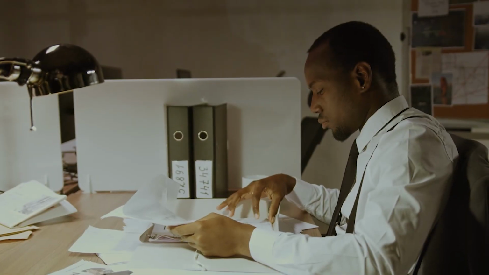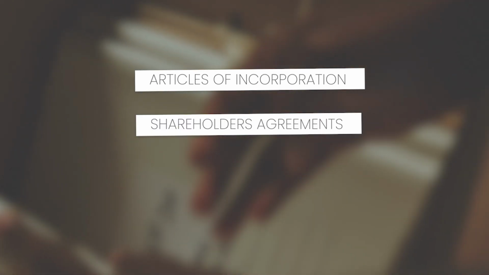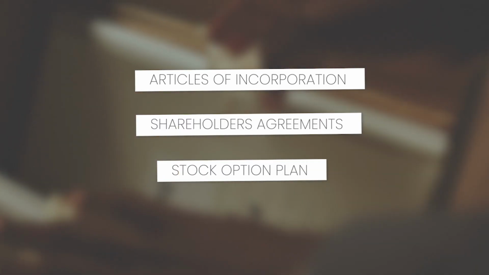We can provide you with guidance tailored to your specific circumstances and ensure that you're fully compliant with all applicable regulations. Additionally, our firm can assist you in drafting the necessary legal documents, such as your articles of incorporation, shareholders' agreements, and stock option plans. When establishing your share structure, it's essential that you comply with the legal and regulatory requirements, such as the British Columbia Business Corporations Act.